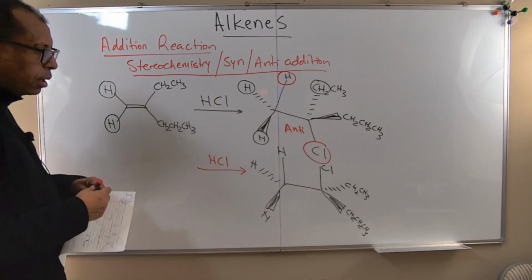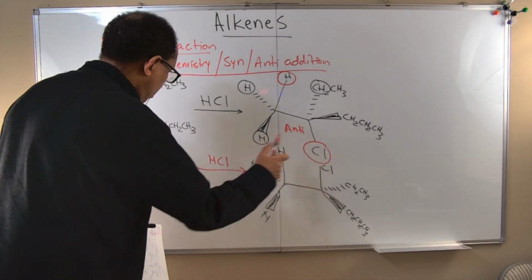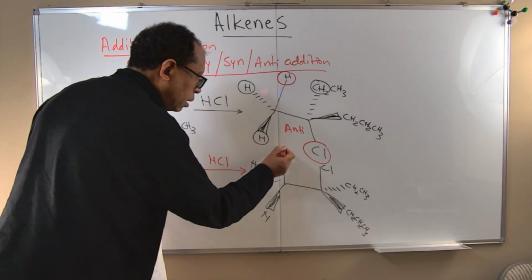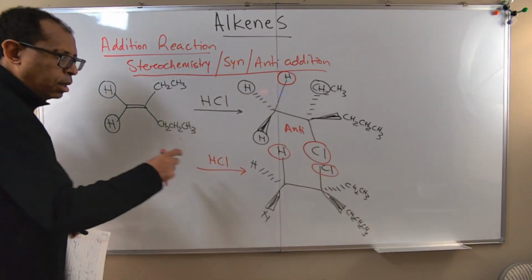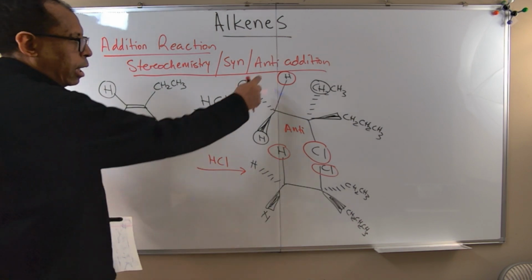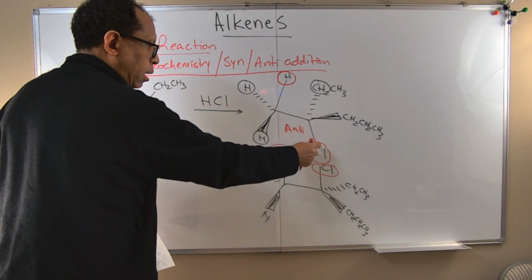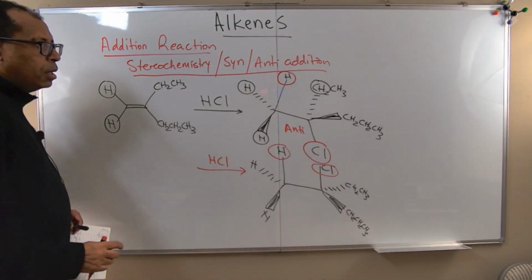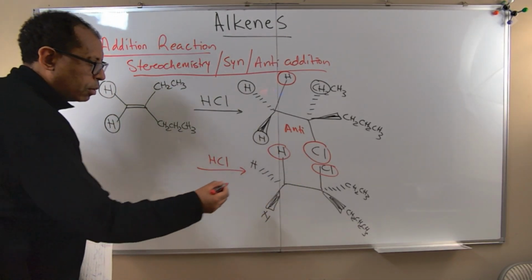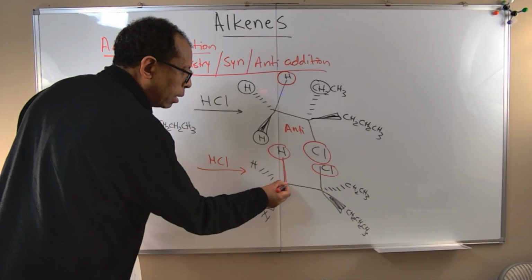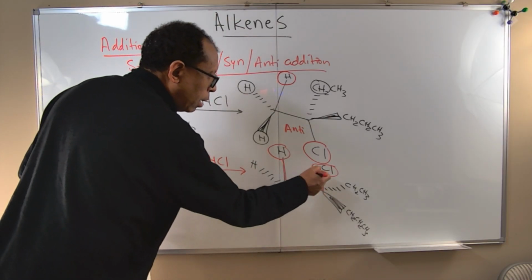So what it shows us is this HCl is added from the same side. In the anti case, H and Cl are added from opposite sides. Here, it is added from the same side. So this bond is made like this, HCl.